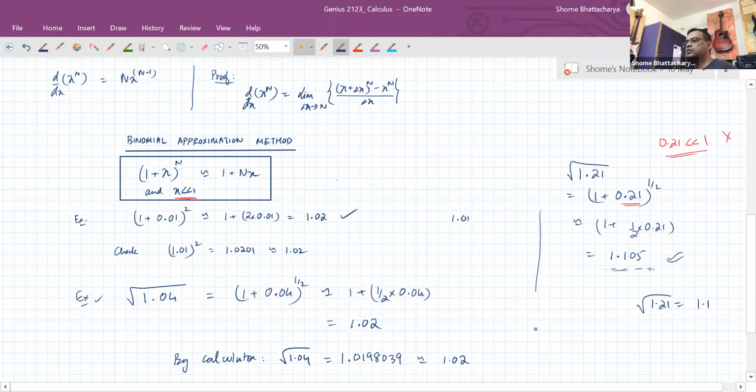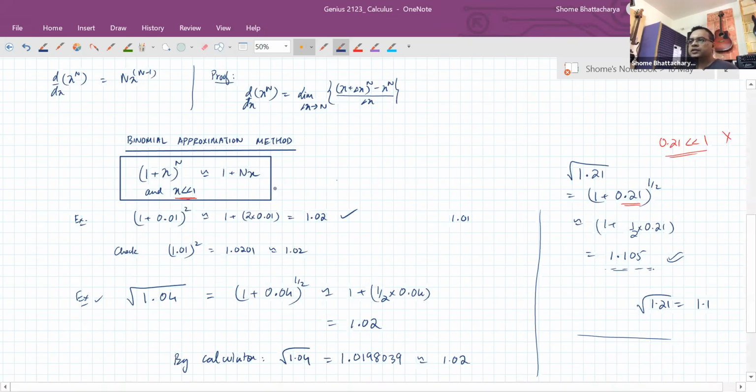But if you go a little further and try the square root of 1.69 by this method, you'll see that the approximation is not so valid, because 0.69 is even larger than 0.21. So we can only apply it when x is small compared to 1. The smaller the value of x compared to 1, the better the approximation is going to be.